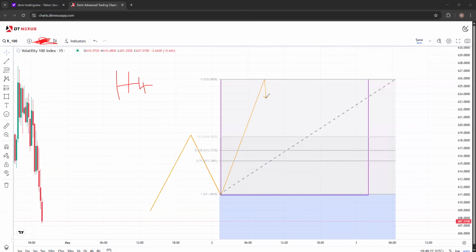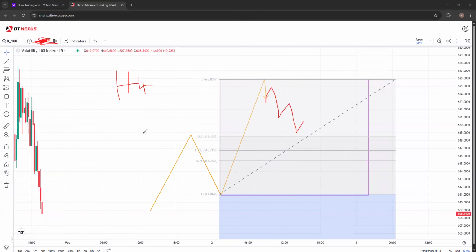So in your smaller time frame, obviously you're going to have a change of character and a break of structure. So what you want to see in your smaller time frame when you're having that pullback, remember this pullback is the retracement, and the Fibonacci is a retracement measuring tool, right? So we want to measure where this retracement is going to end, right?